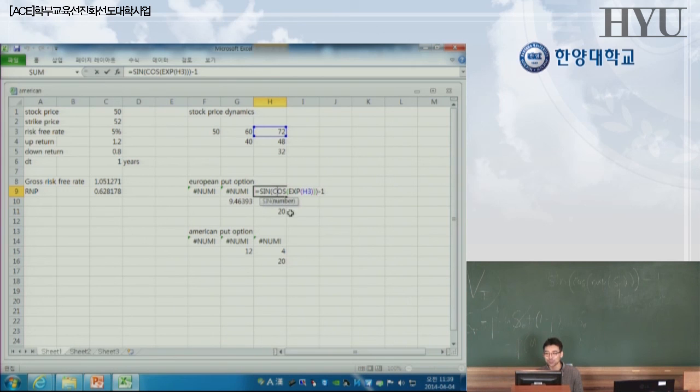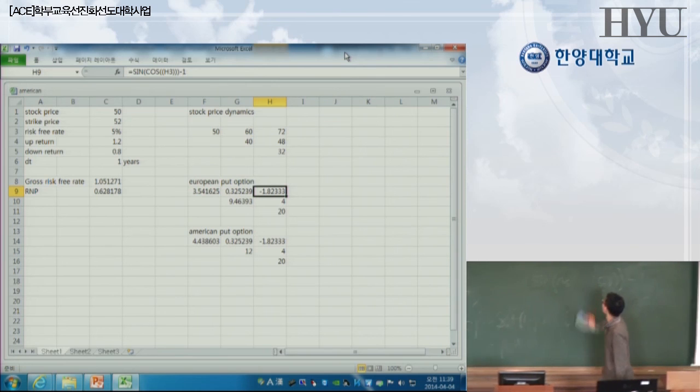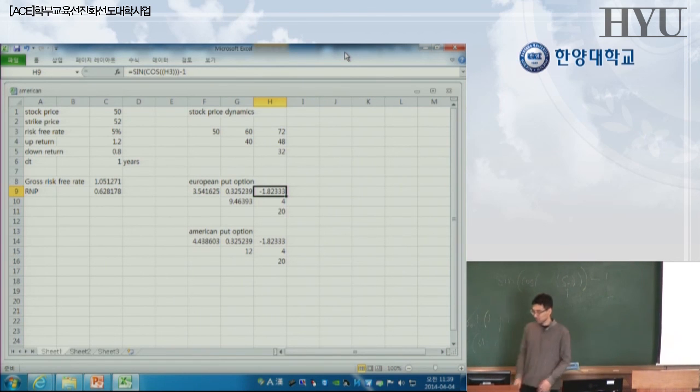I think this exponential is too large a number. So let's get rid of this exponential part. It is too large a number for this contract.